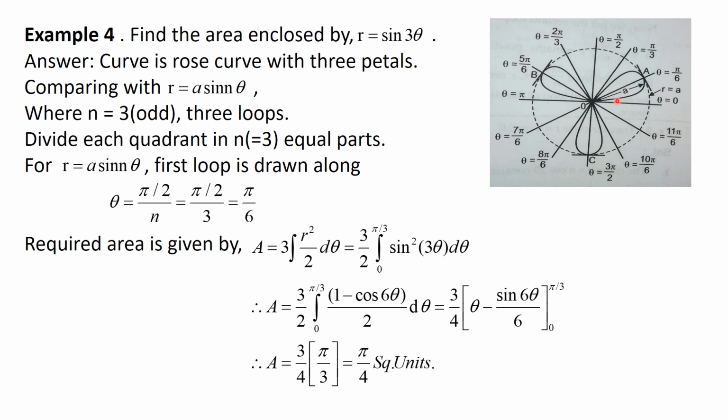So theta equal to 0 to pi by 3 is the limit for theta. To simplify sin square 3 theta, we substitute 1 minus cos 6 theta by 2. Integrating with respect to theta gives theta minus sin 6 theta by 6 from 0 to pi by 3, and hence the area of the complete rose curve is pi by 4 square units.